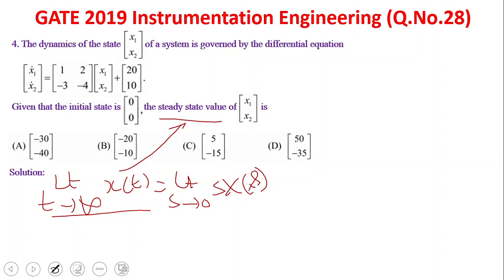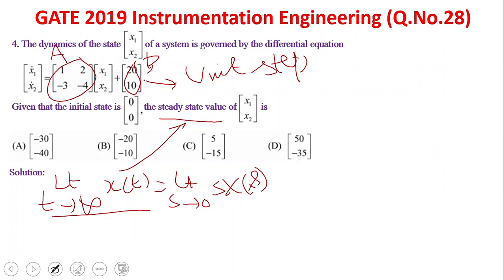That's all. And we know the expression for A. Anyway, this is your B. U they have not given, that means it is unit step, because unit step means it is 1. That is why they have not explicitly given it. And this is your initial state, that is x of 0. Now we have to write the expression for x of s. So what is x of s? We know x of t means L inverse of all that we do. Now what we need is s into x of s.